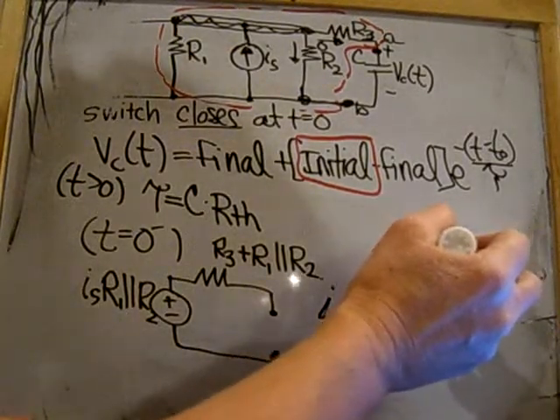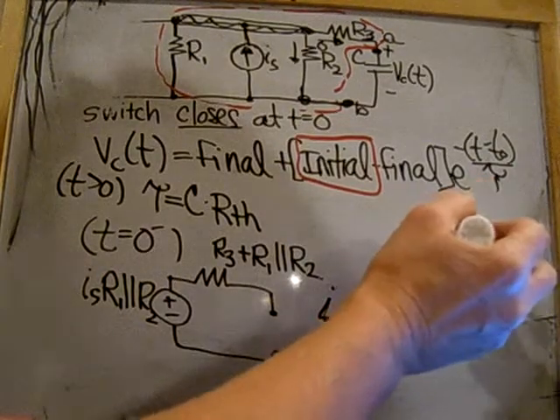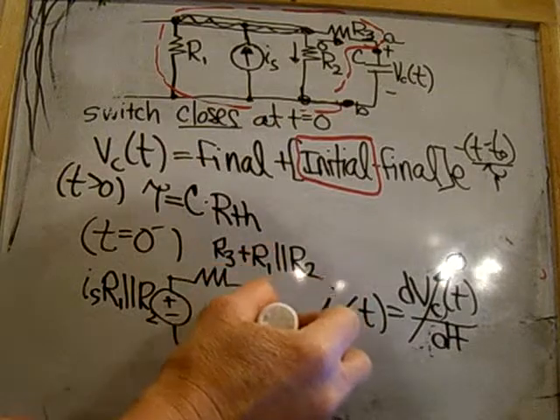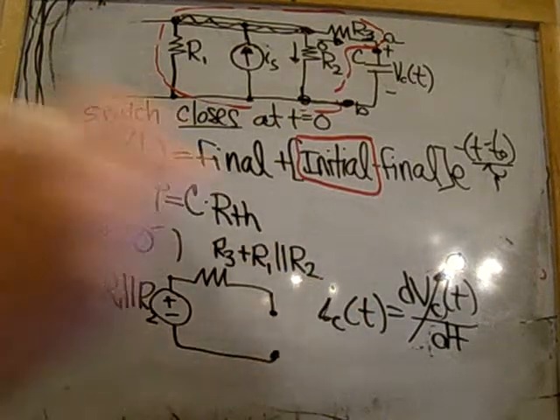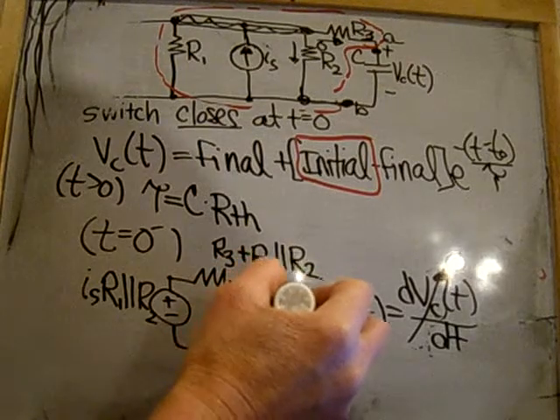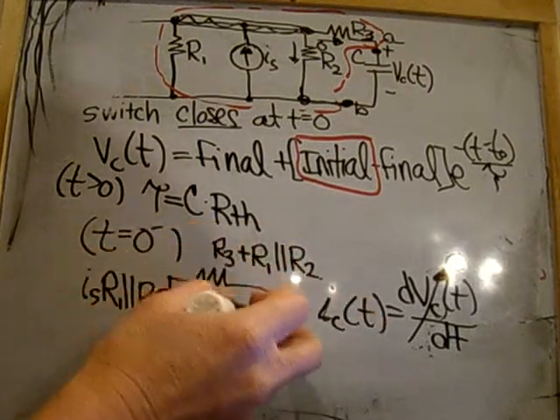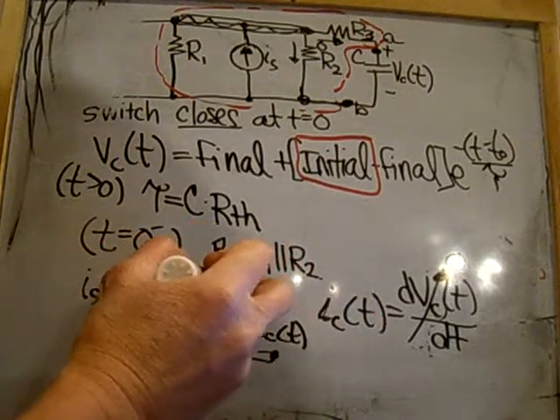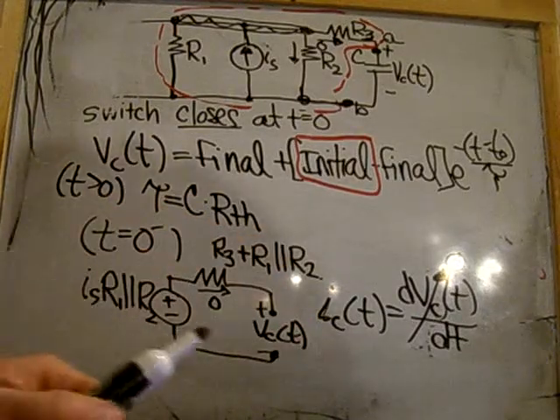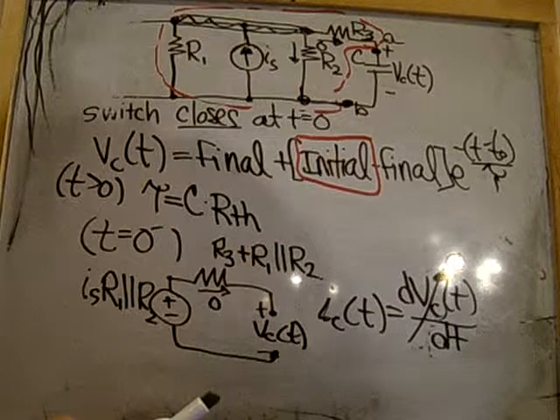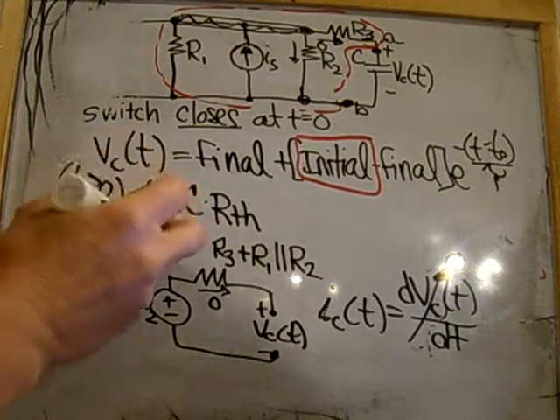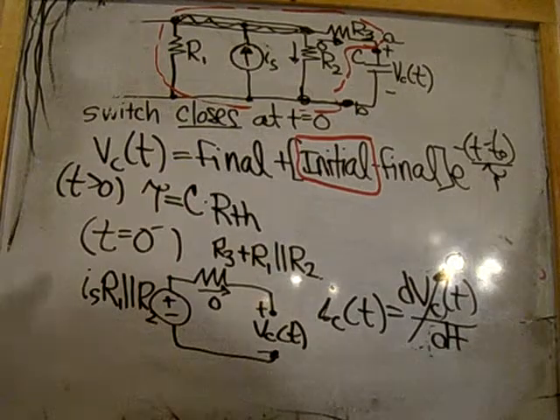With no change in time, this becomes 0, and it looks like an open in between here. So with that as an open, no current flows here, and VC of t for this case will be IS R1 in parallel with R2. So this is the value at 0 minus.